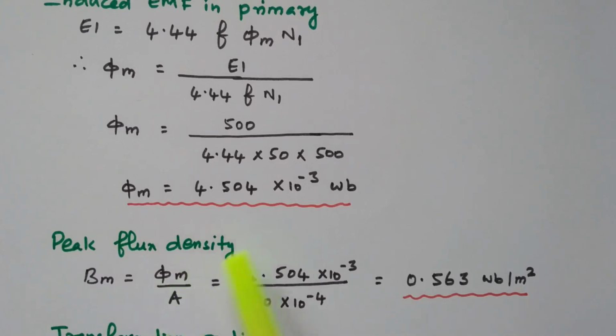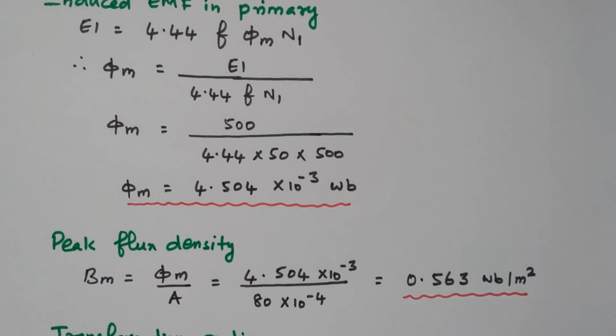So phi m we calculated, 4.504 into 10 to the power minus 3, divided by area, 80 into 10 to the power minus 4 meter square. By simplifying this, we got 0.563 Weber per meter square. So the peak flux density or maximum flux density is 0.563 Weber per meter square.